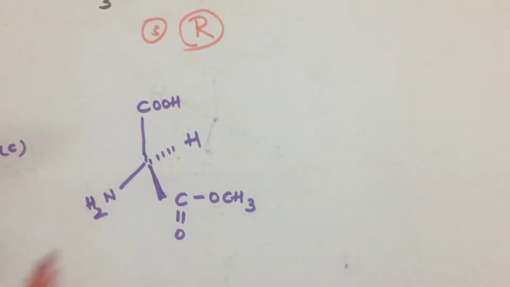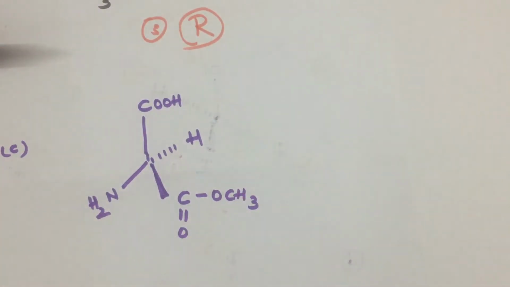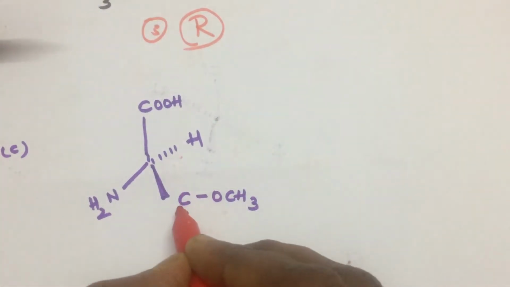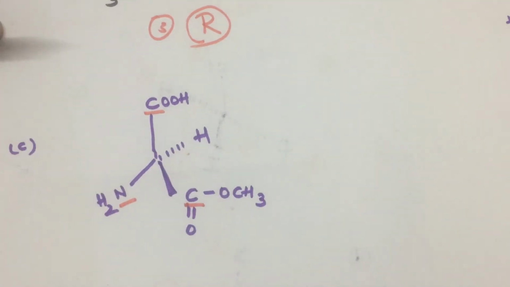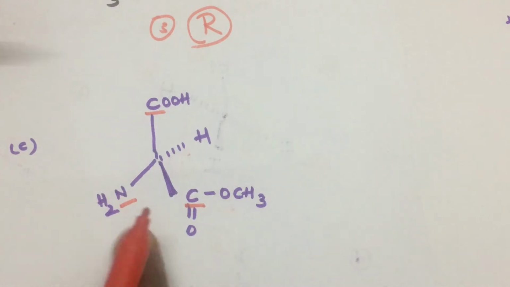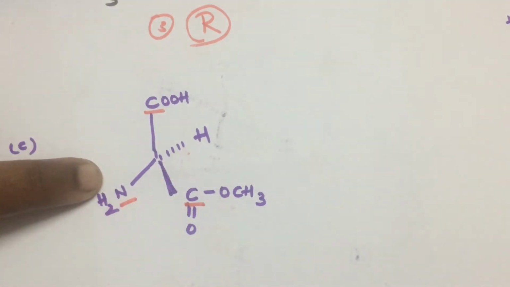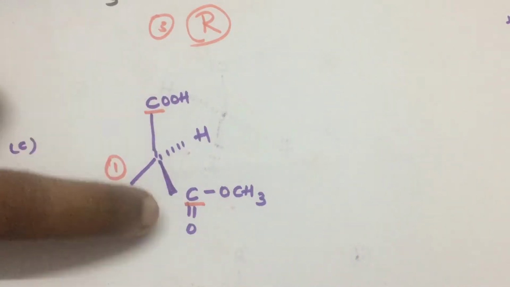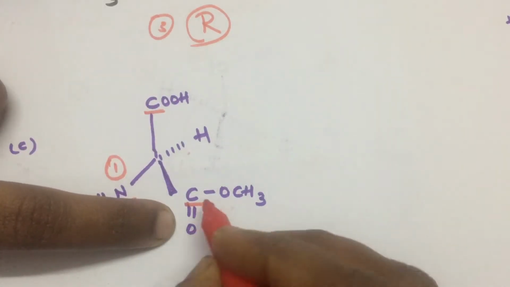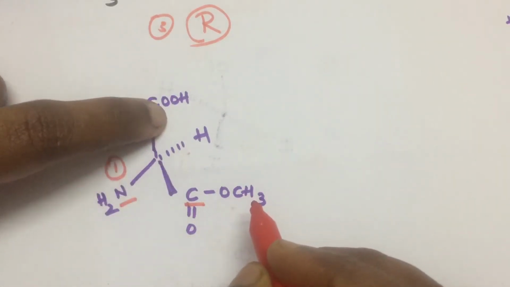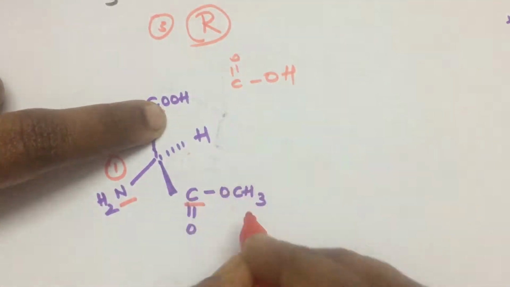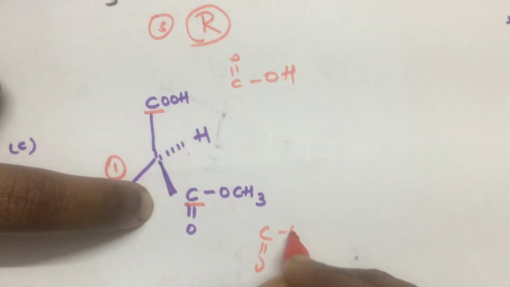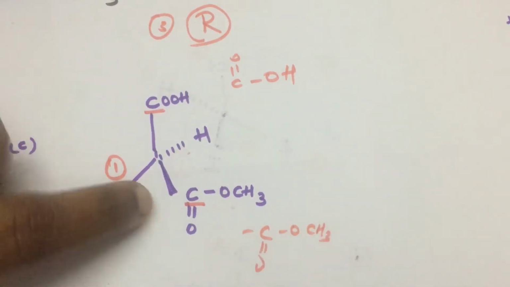Here we have to give the priority rule. The first atom is carbon here, and this is nitrogen. Which one gets priority? Nitrogen has a higher atomic number as the first atom itself, so 1. Among these two, which one do I give? Both are COO, attached to two oxygen atoms, but here is hydrogen and here a methyl group, so this gets more importance.